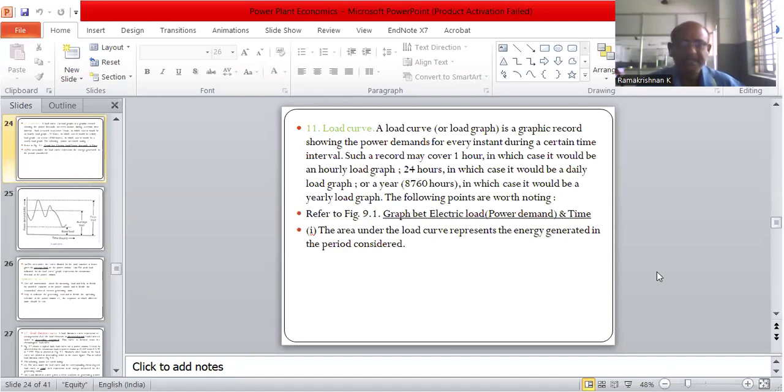The time period may be 1 hour; if it is drawn for 1 hour, the load curve is called an hourly load curve. If the plot is made for 24 hours, the graph is called a daily load curve. But if the same is plotted for 1 year, 8760 hours, it is a yearly load graph.